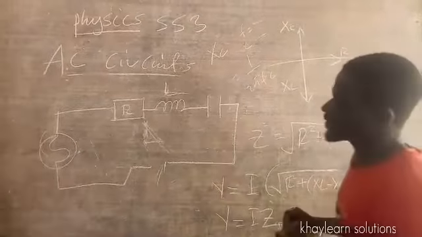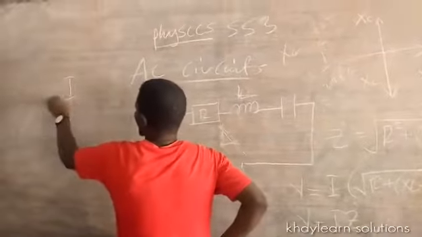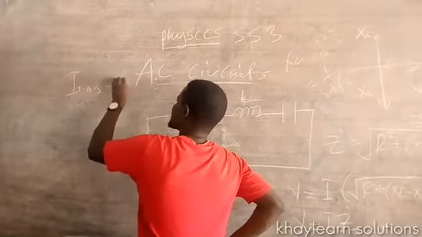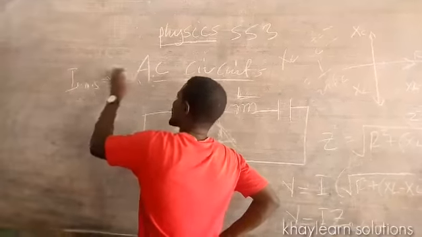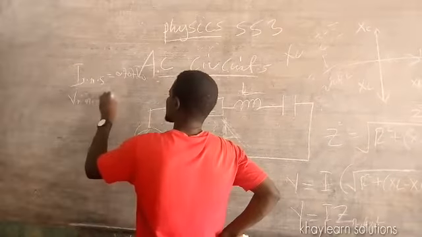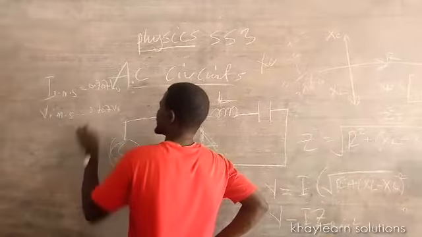The most important thing to hold here is the summary of what you're supposed to know. I root mean square equals 0.707 I naught. V root mean square equals 0.707 V naught.